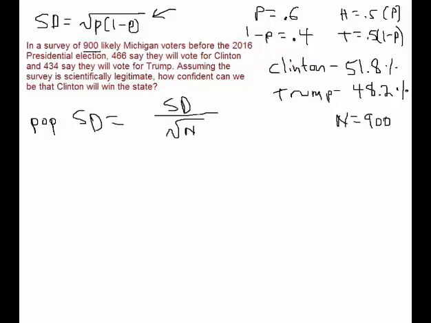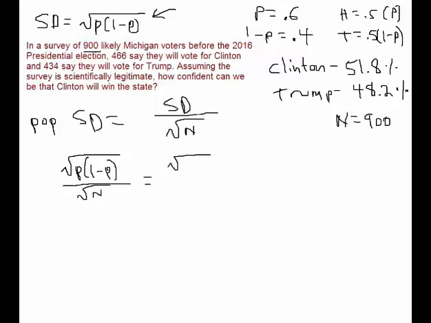Because it is a binary distribution, the standard deviation is going to be the square root of p times 1 minus p, and then we divide by the square root of the sample size.